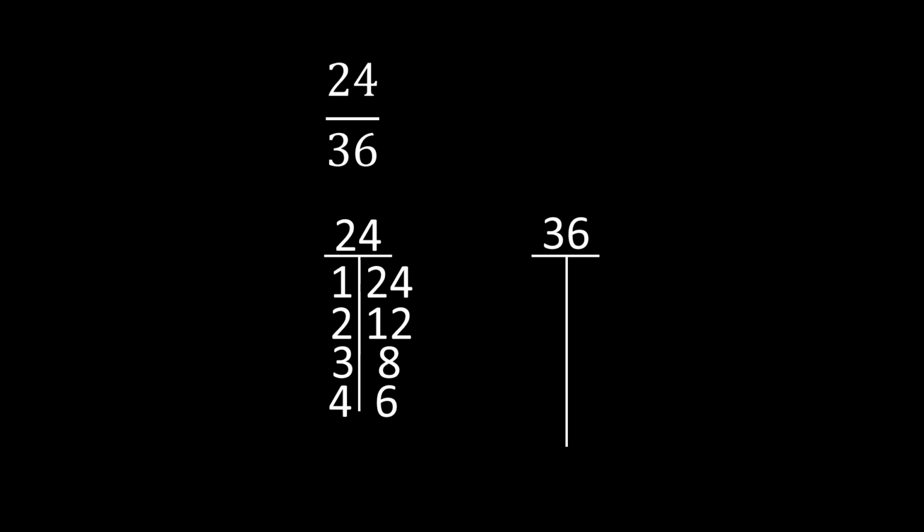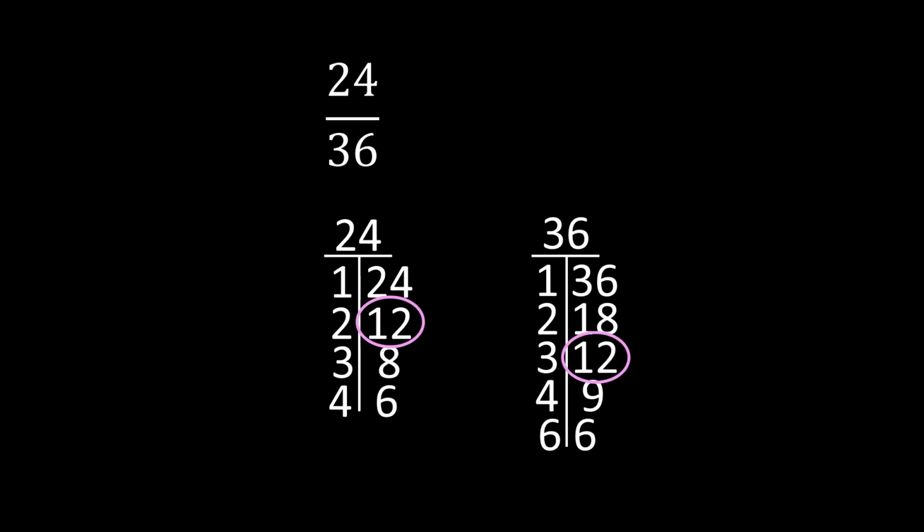And we'll need to do the same thing for 36. 1 times 36 is 36, 2 times 18 is 36, 3 times 12 is 36, 4 times 9 is 36, and 6 times 6 is 36. So the greatest number that's in both lists is 12. So 12 is our greatest common factor.